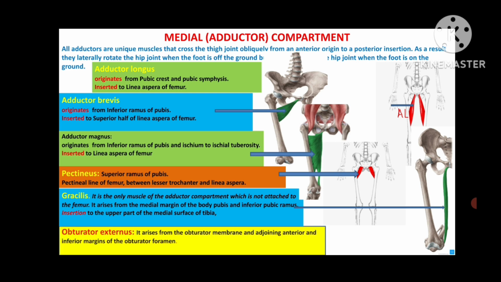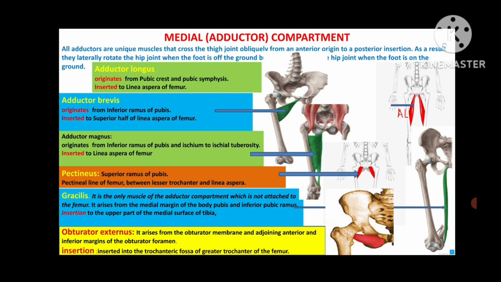The other muscle is known as the obturator externus. It arises from the obturator membrane and adjoining anterior and inferior margins of the obturator foramen, and is inserted to the trochanteric fossa of the greater trochanter of the femur. So all these muscles of the medial compartment are inserted to the femur, except the gracilis muscle, which is inserted to the medial surface of the tibia, along with semitendinosus and sartorius muscles.